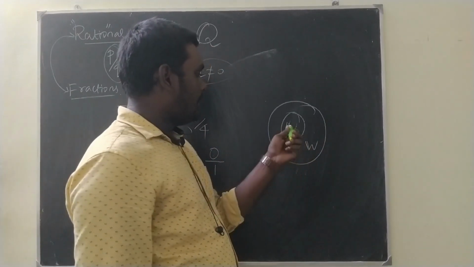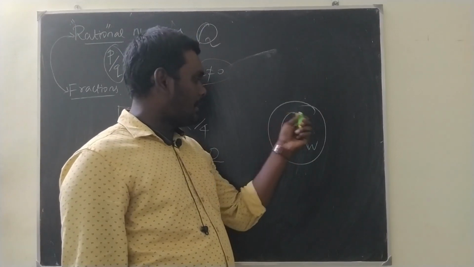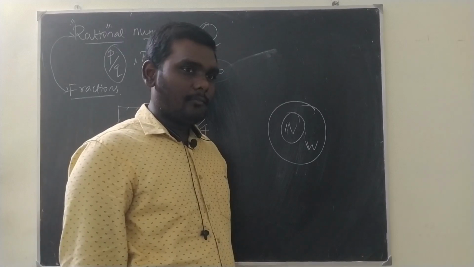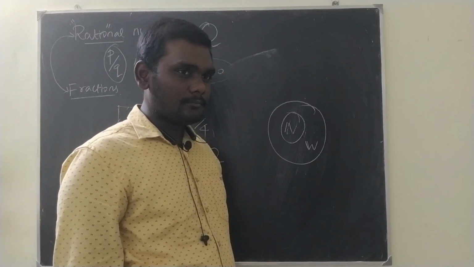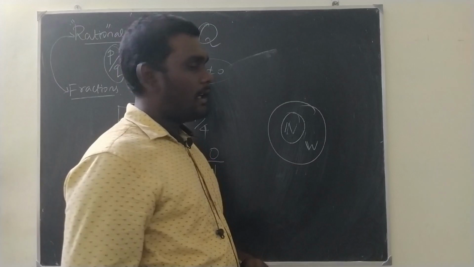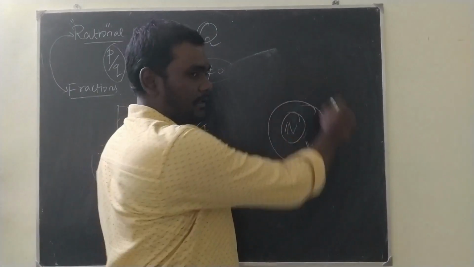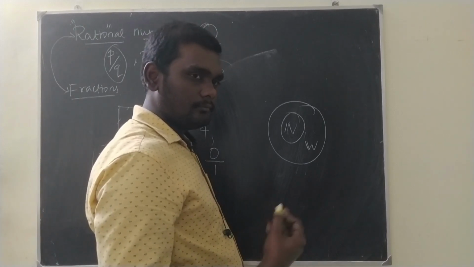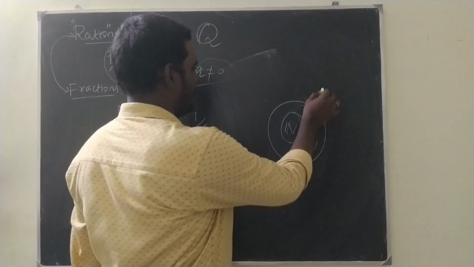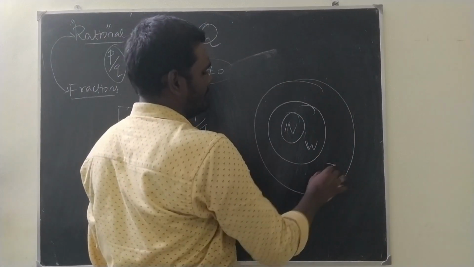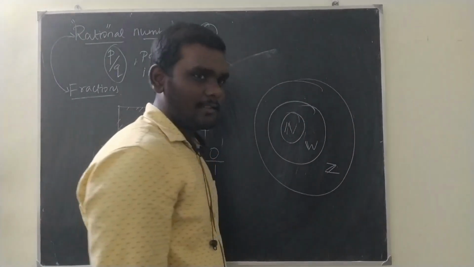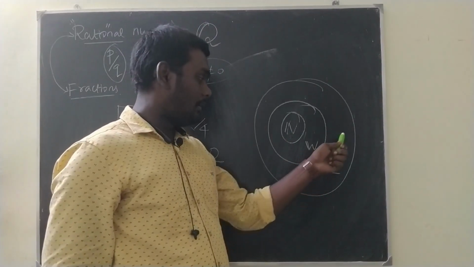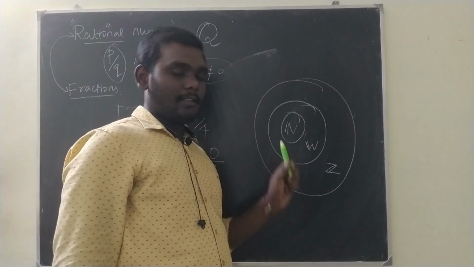So when the N circle is inside W, all the natural numbers are what? Whole numbers. Understood or not? Then integers, where do we write them, inside the circle or outside? Outside the circle. That is how common sense works. These are integers. All the natural numbers are integers, all the whole numbers are integers, but not all the integers are these inside things.